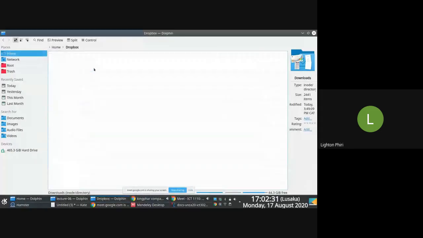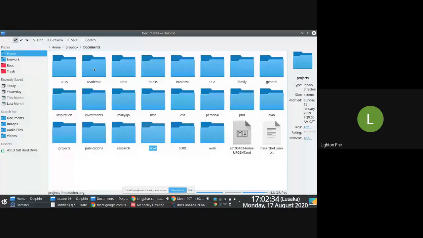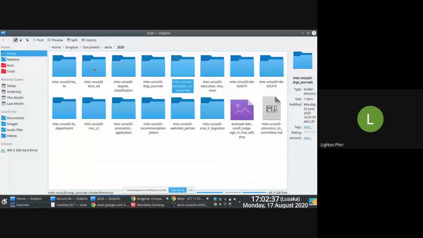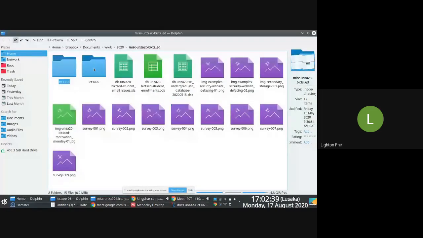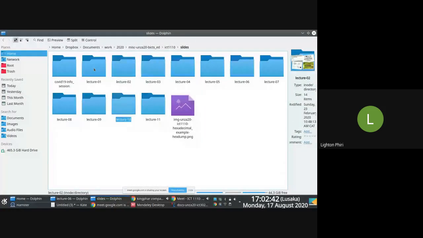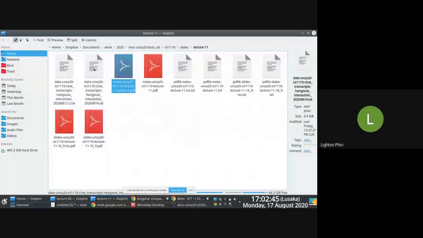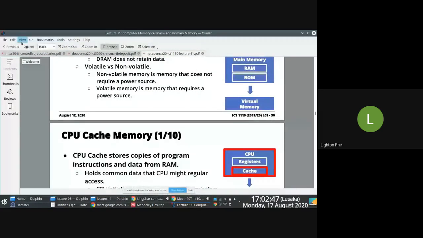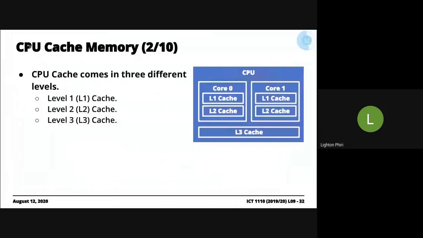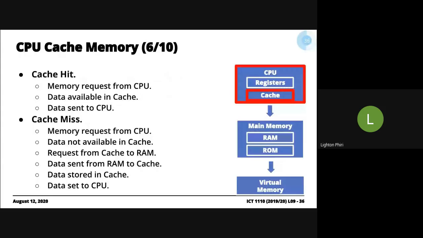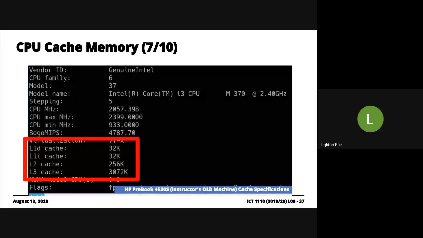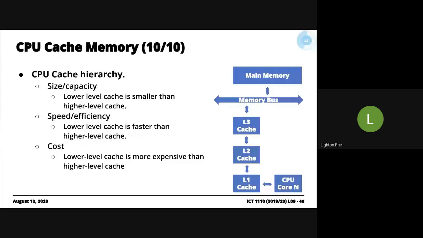So we continue our conversation from last week. If there are no questions, here's hoping you can see my screen. Right, so we started off our discussion of so-called primary memory by initially discussing CPU cache, and we did mention that we skimmed through registers because we already had a discussion of registers when we looked at the CPU.